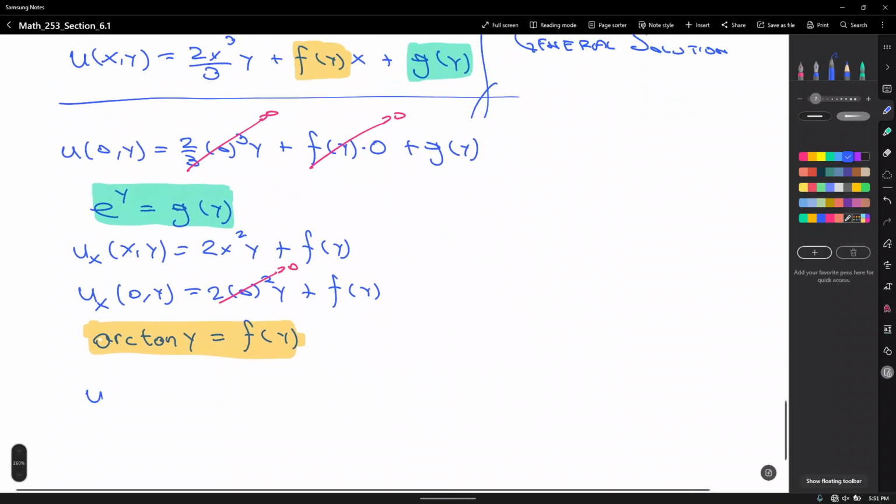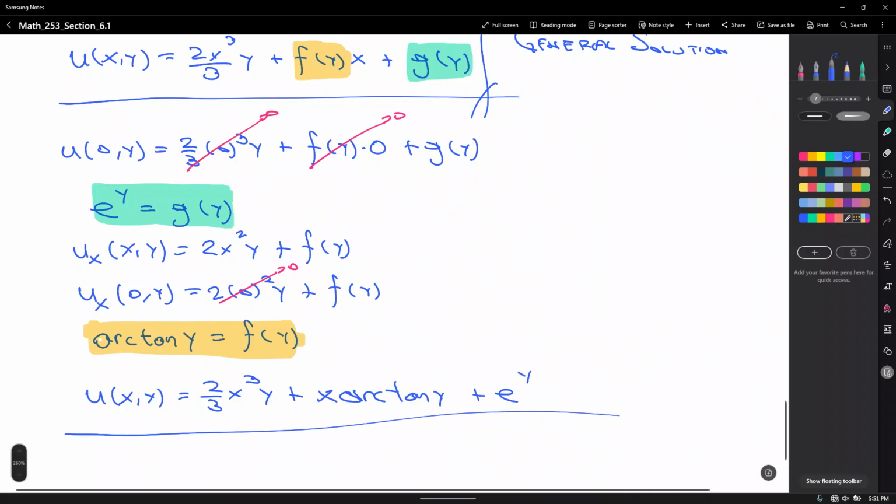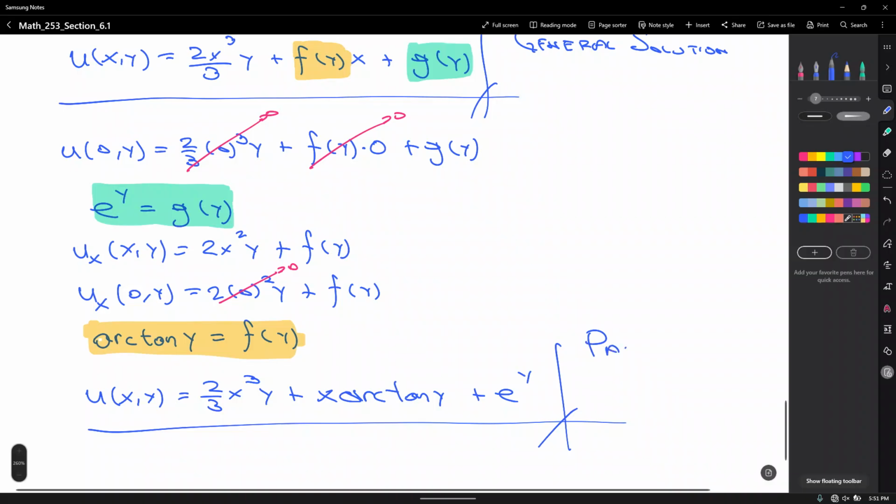So u of (x, y) equals 2/3 x cubed y plus, I'm going to write the x in front of arctan y, plus g of y, which is e to the y. And that is our final answer. This is actually our particular solution.